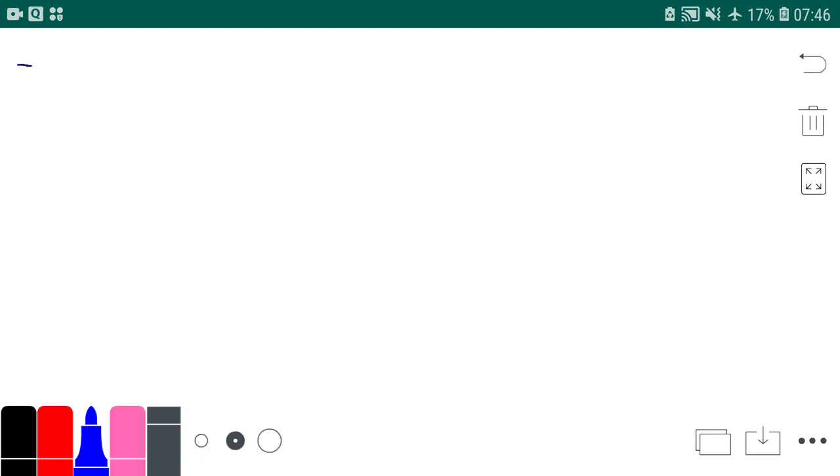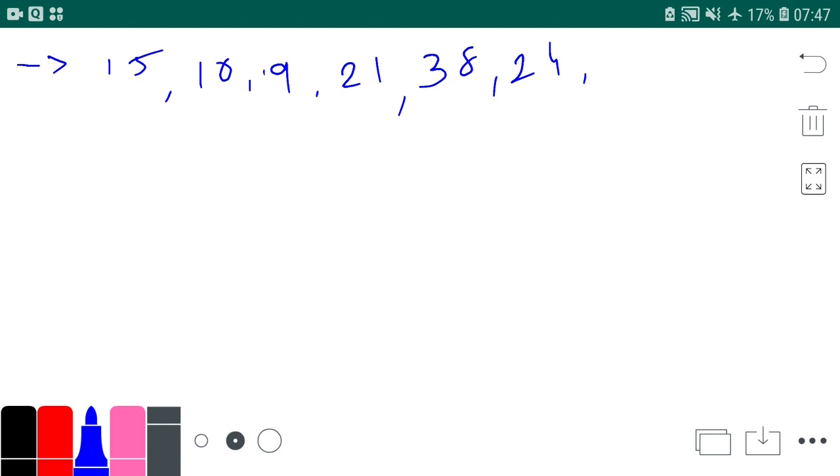See now, for example, your digits are like this: 15, 10, 9, 21, 9, 21, 38, 24, and 20.